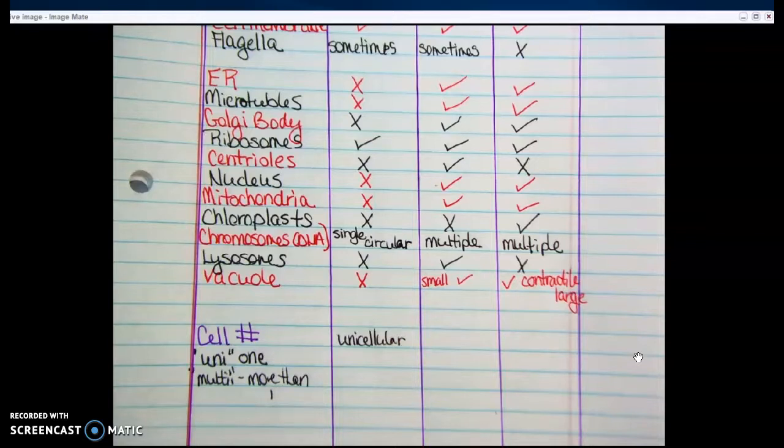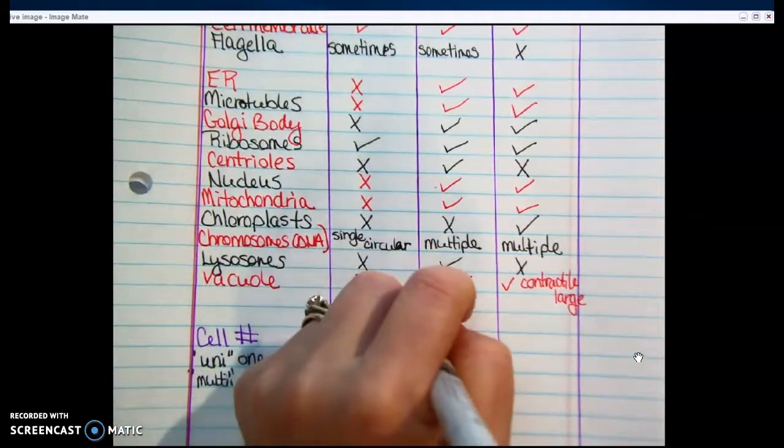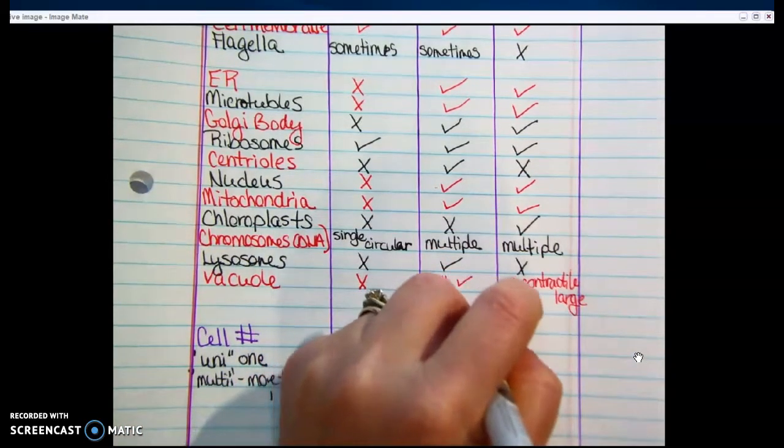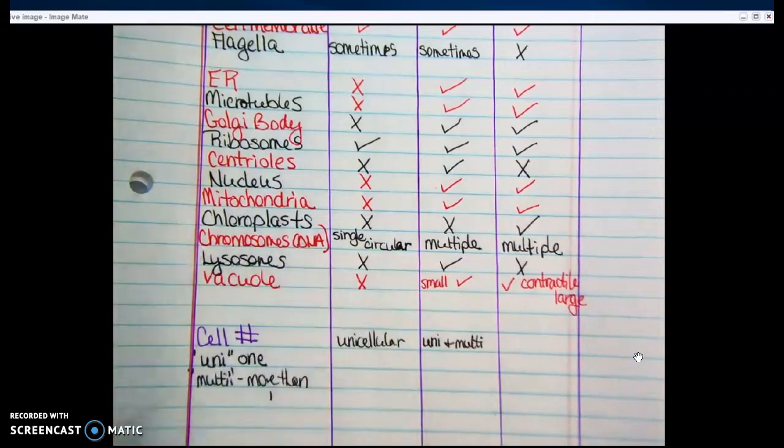Animals can have unicellular or multicellular organisms. Our unicellular organisms usually belong to the family or the kingdom of the protozoa, or the protist for short. So we have both uni and multicellular in animals. So you can't just say that an animal is just multicellular.